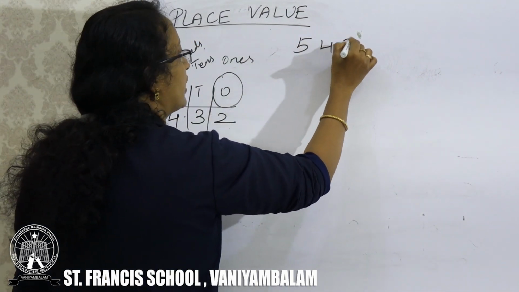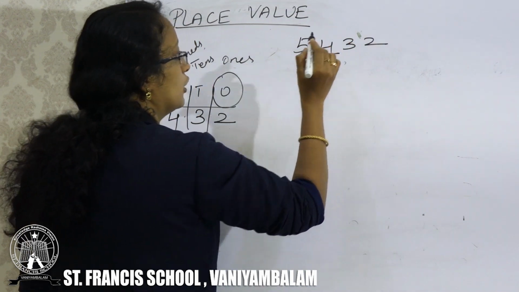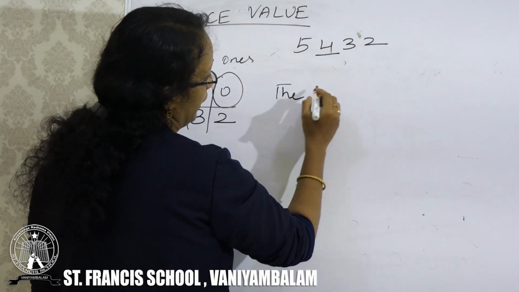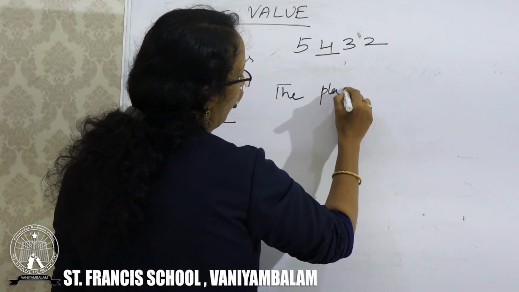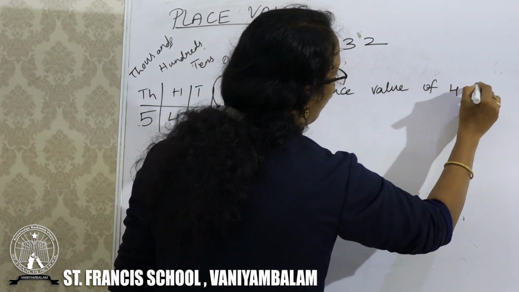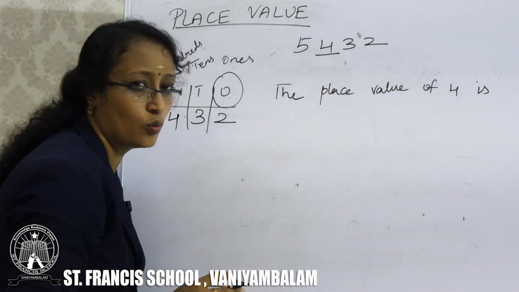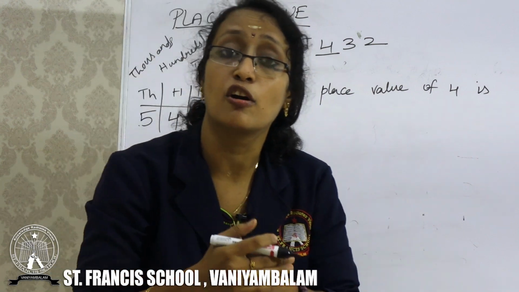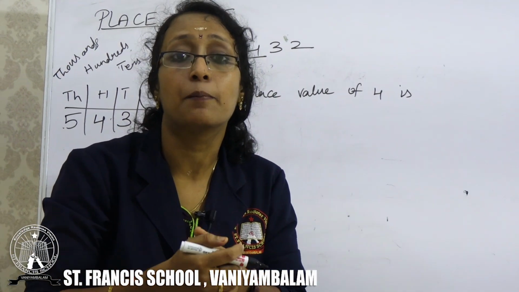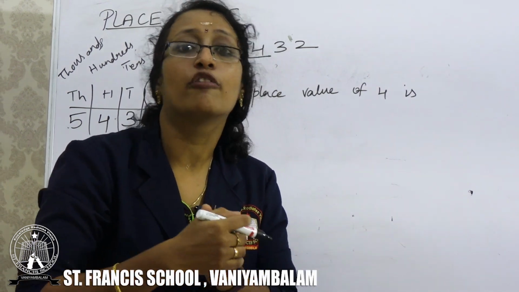I am going to find out the place value of 4. The place value of 4 is, I told you what is the definition of meaning of place value? The value of digit multiplied by the value of the place.